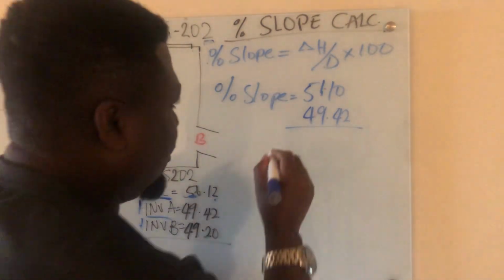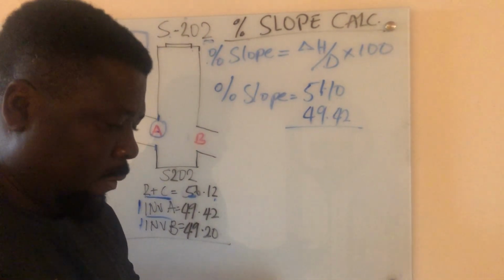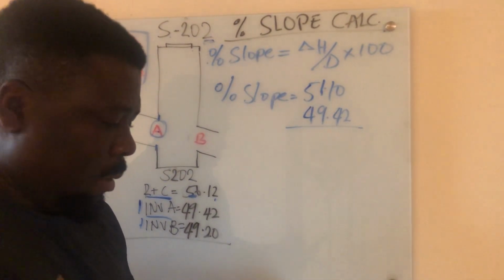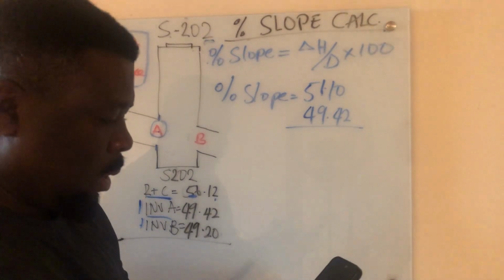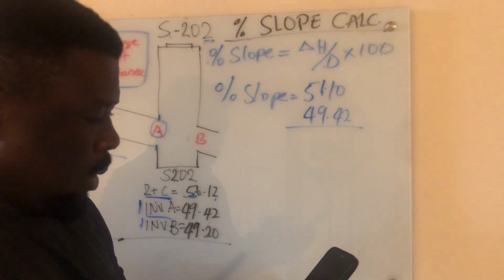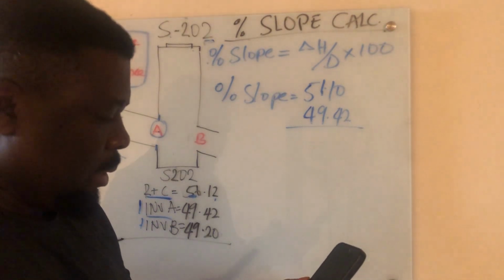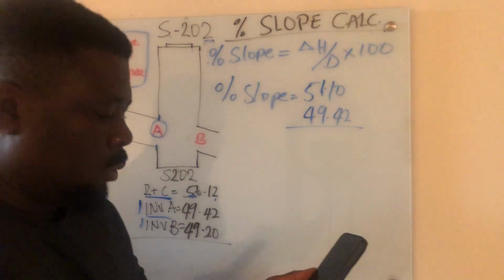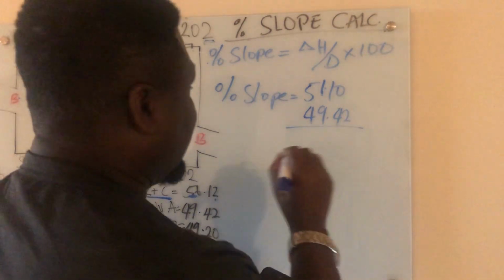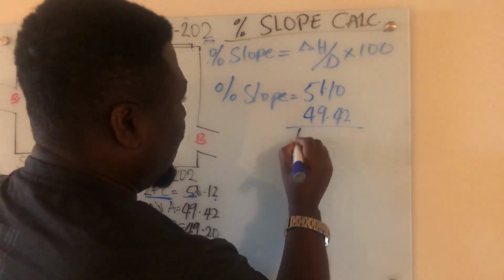So when you pick your calculator, we are going to subtract. Let me get that quick for you. 51.1 minus 49.42.